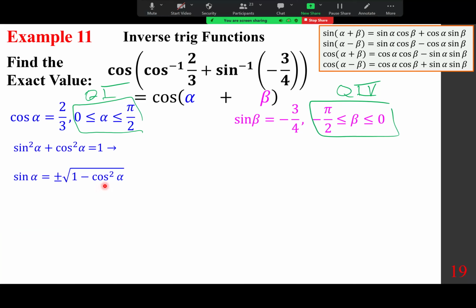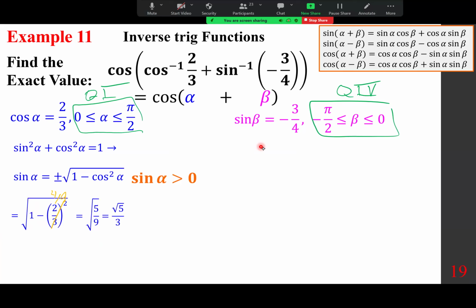Now we know cosine alpha to be 2/3. So 2/3 to the power of 2 makes it 4/9. 1 minus that is 5/9. So the square root of 5 over 9, or square root of 5 over 3. And we're going to use the same thing here.